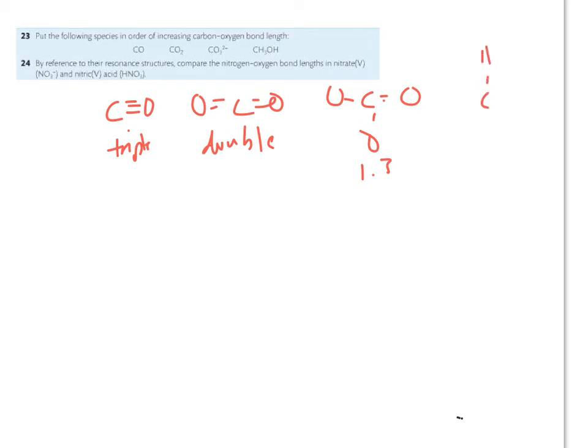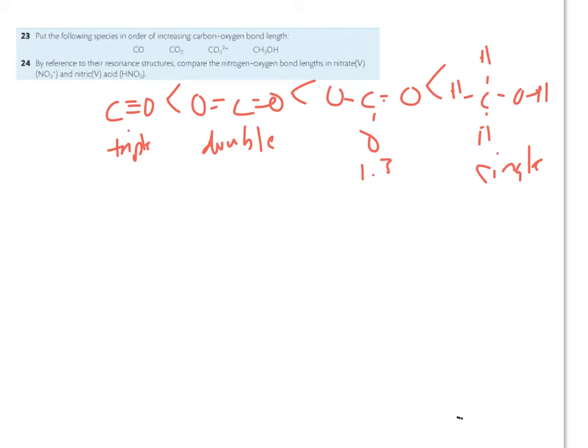And then CH3OH is going to be a single. So it's nice they put them right in order for you. Increasing carbon-oxygen bond length, this is it right here. This is going to be the shortest at a triple, then the double, then the resonating bond, and then the single will be the longest.